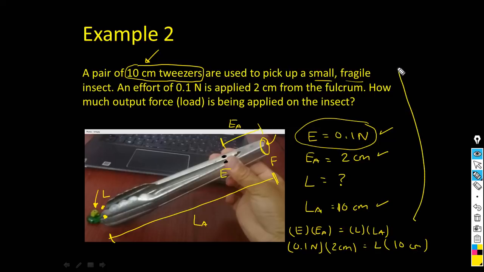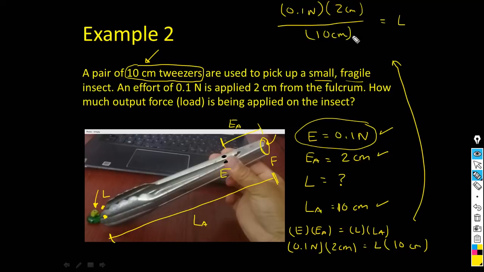I'm gonna go over here now. So I'm gonna divide both sides of that equation over 10, a very simple algebraic step. Over 10 centimeters, I meant. Okay, and that's gonna be equal to the load.